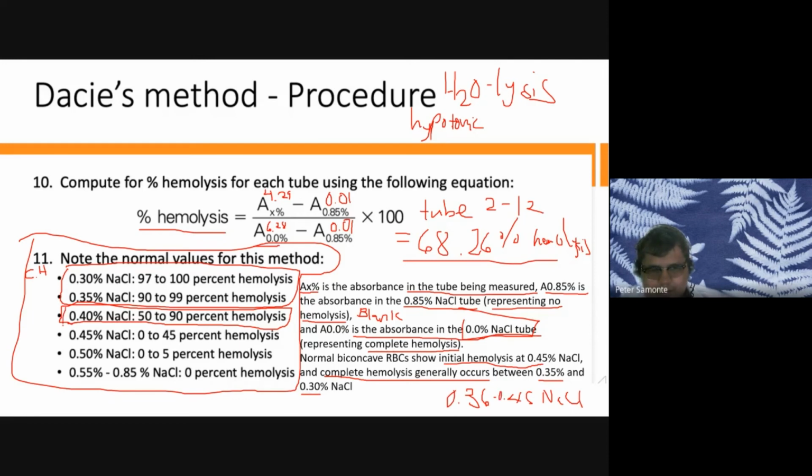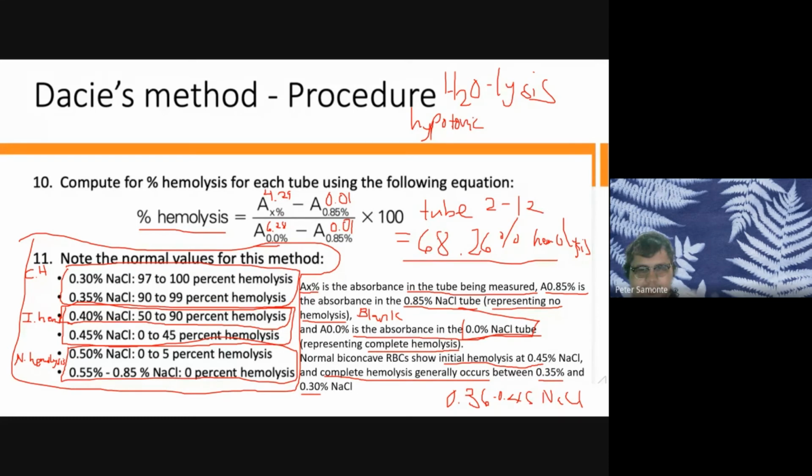So this is your initial hemolysis. Well, this one would be your no hemolysis. Again, if you've already computed your percent hemolysis, class, look for it in the chart.